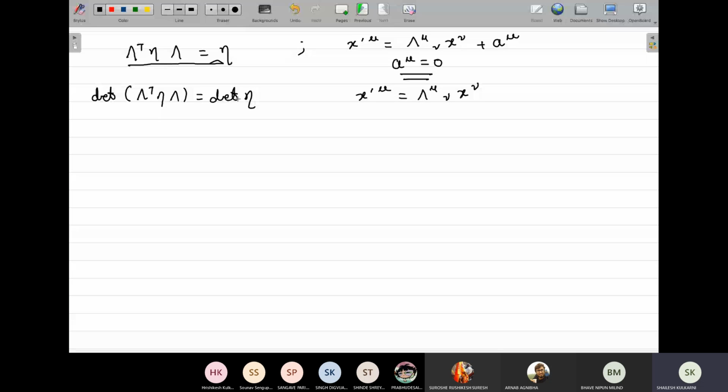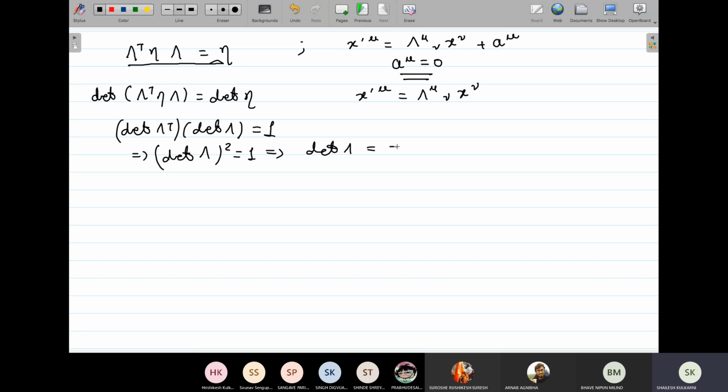We don't need to calculate determinant of eta, as it anyway cancels out. So determinant of lambda transpose times determinant of lambda equals 1. Determinant of lambda transpose is the same as determinant of lambda, so determinant of lambda squared equals 1. It implies that determinant of lambda equals plus or minus 1.